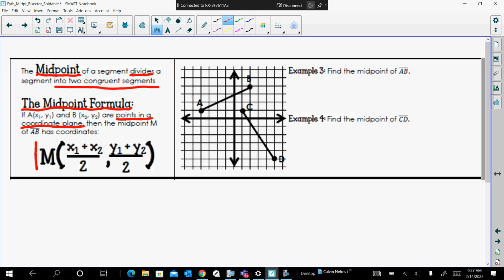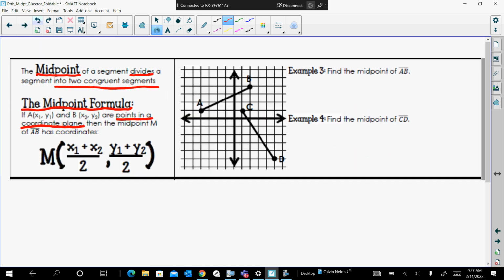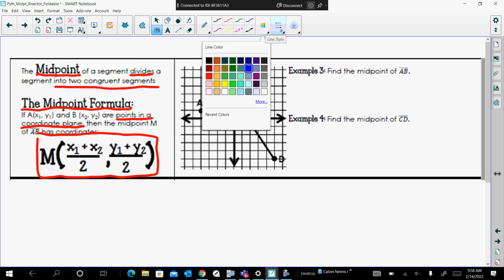This formula right here, I'm going to box it, is basically the average of each coordinate. I'm not going to ask you to memorize the formula because it is on the formula chart, but we just need to apply it.